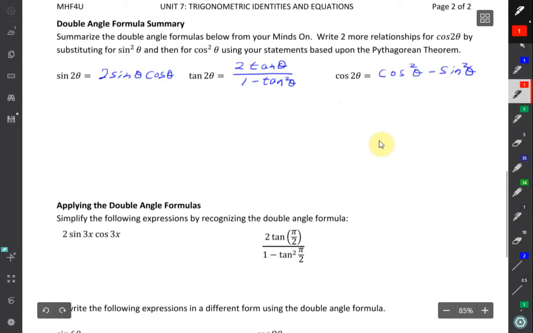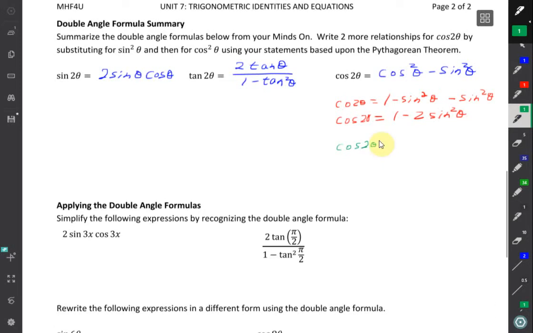First of all, we can take cos 2 theta and make it equal to 1 minus sine squared theta. Here we're replacing cos squared theta. And then we have minus sine squared theta. That equals 1 minus 2 sine theta squared. The other way that we can rewrite this double angle formula is to replace the sine squared theta.